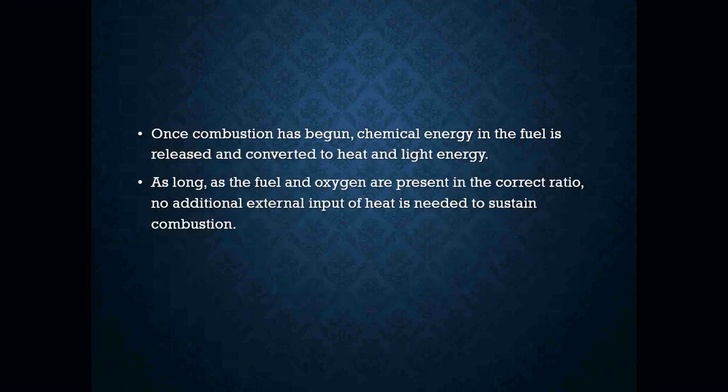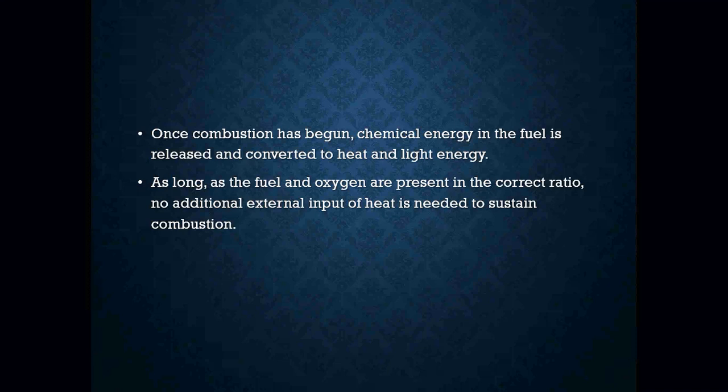Once combustion has begun, the chemical energy in that fuel is released and converted to your heat and light energy. So in other words, when I light natural gas, I can actually see it burn, and I can feel the heat coming off of it. As long as the fuel and oxygen are present at that correct ratio, no additional external input of heat is needed to sustain combustion.